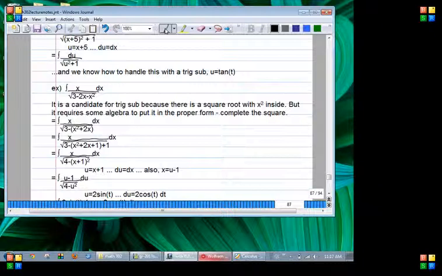And right, it's the square root of 4 minus u squared, which looks like 1 minus x squared, which is just a sine substitution. And in this case, 4 there is like 2 squared, so we need a 2 in front. So you get u equals 2 sine t. And then naturally du is 2 cos t dt. Now we make all those substitutions.